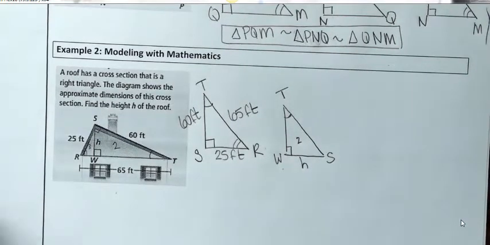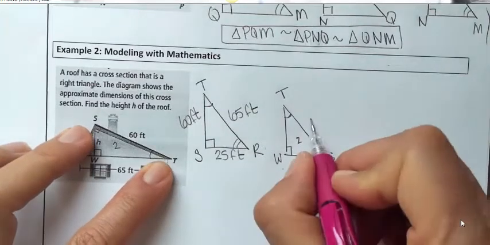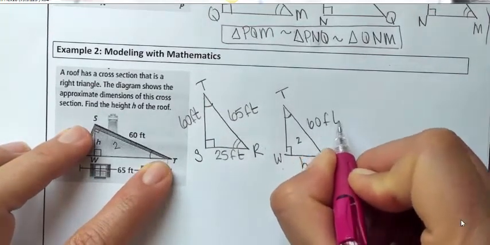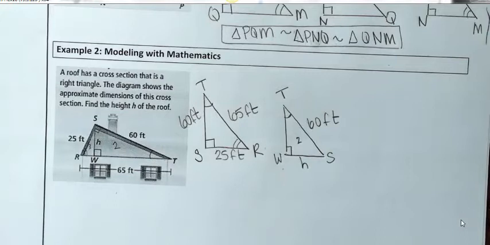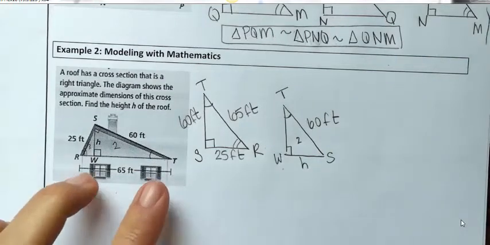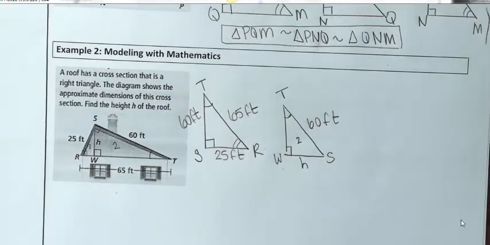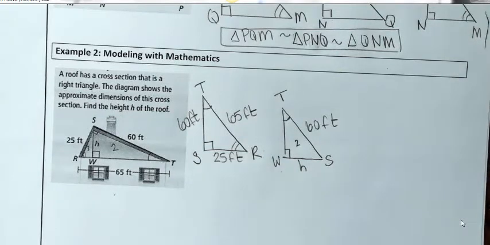Let's see, we got TS. So TS is 60. And then WT, we're not 100% sure what that is. Okay, so at this point, we would probably have enough information to go ahead and set this up, and we could then solve for what H is.